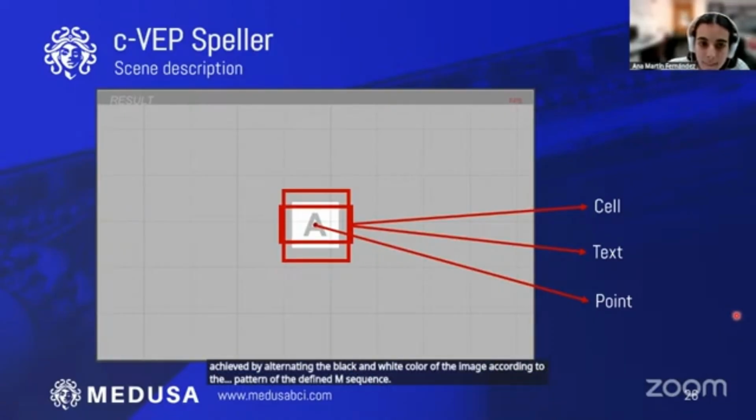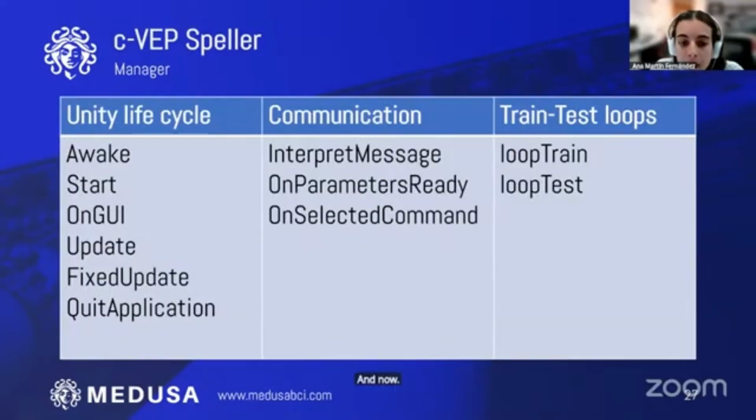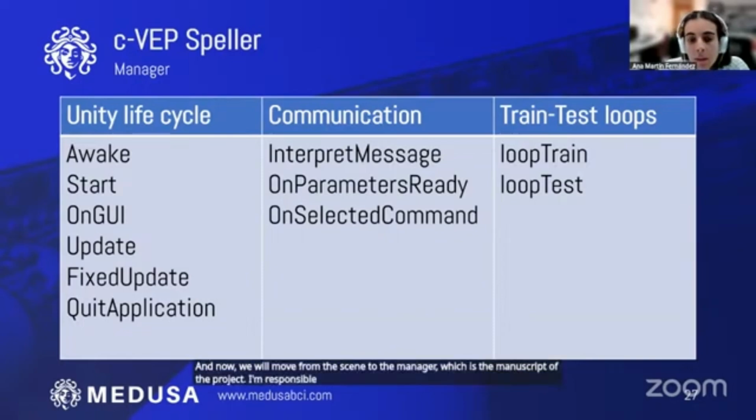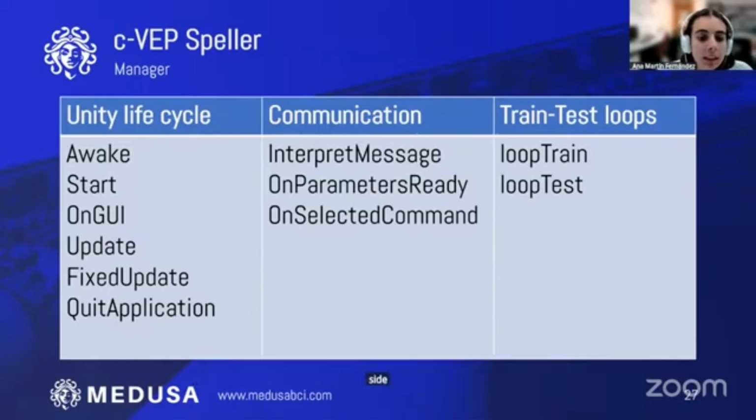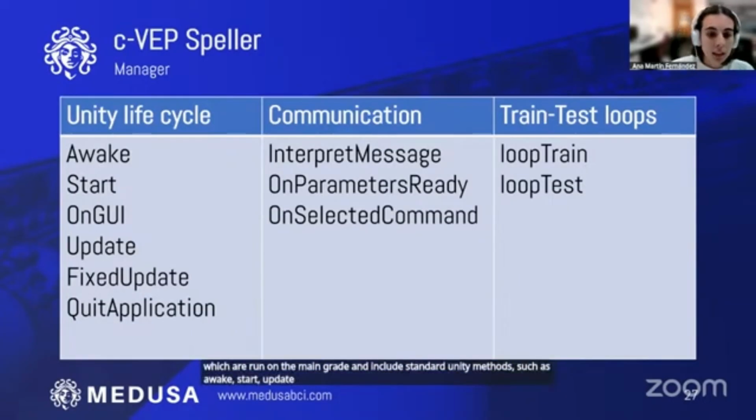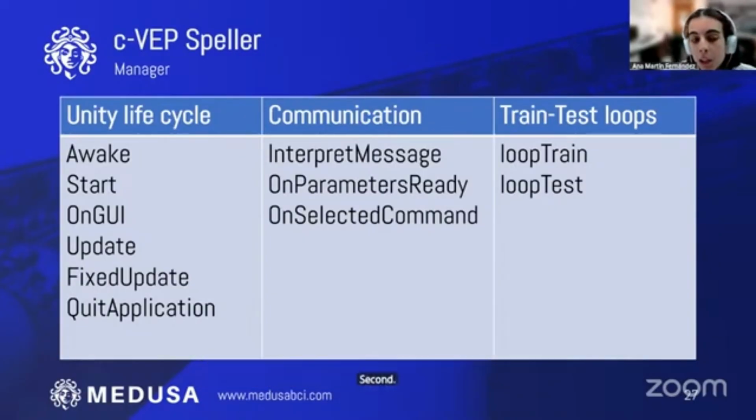Now we will move from the scene to the manager, which is the main script of the project and is responsible for controlling the life cycle of the Unity application side. And the code within this script can be roughly divided into three main sections. First, we have the Unity lifecycle methods, which are run on the main thread and include standard Unity methods such as awake, start, update, or fixed update, and so on. Second, there are some communication functions.